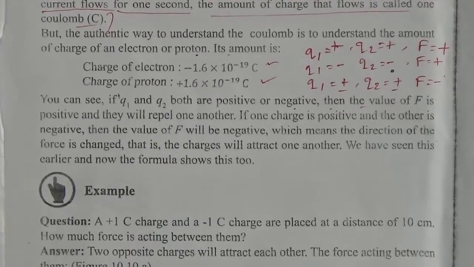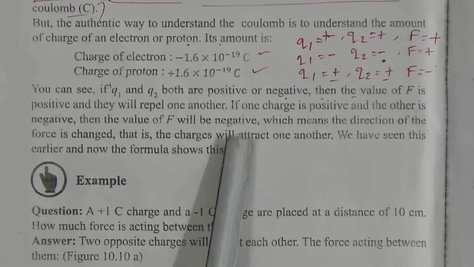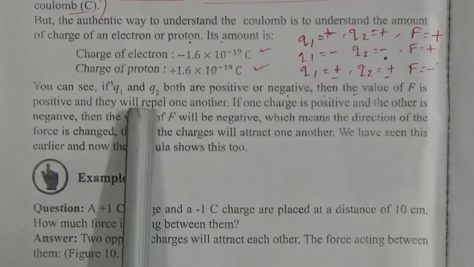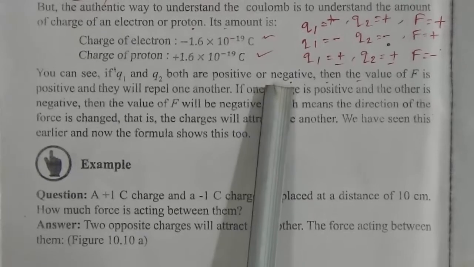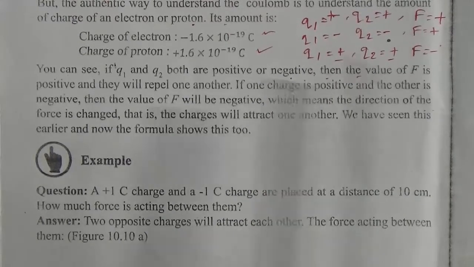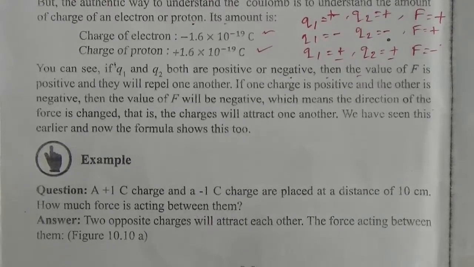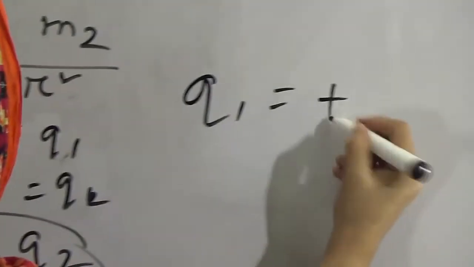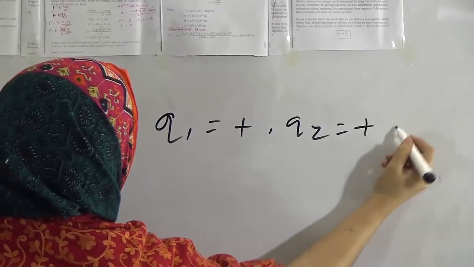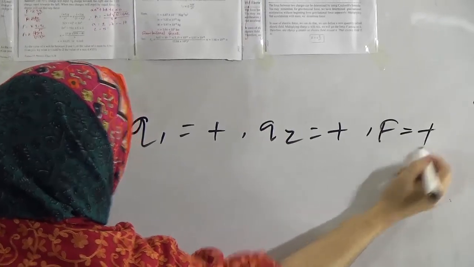From this discussion we also see that if charges q1 and q2 are both positive or both negative, then the value of F will be positive, meaning they repel each other. If q1 is positive and q2 is positive, then force F will be positive.